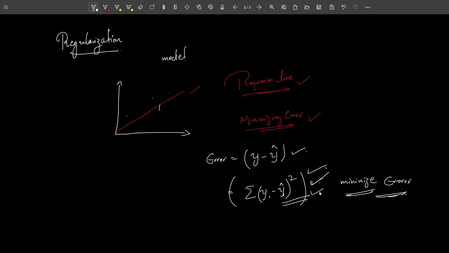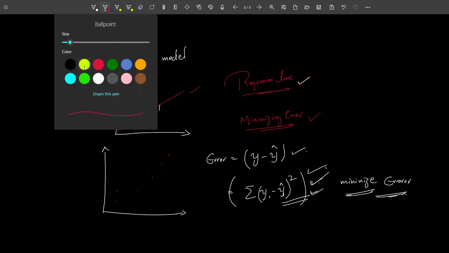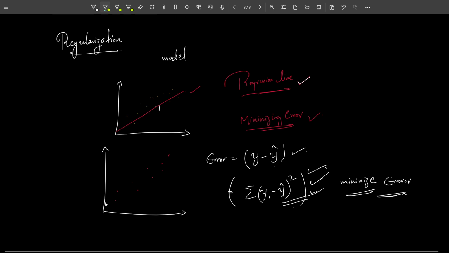This is the absolute error. And the thing here is, consider if it's not a linear regression, if it's not a straight line, and just consider a model where the data points are like this. The model we need to fit is the one which is generalized.